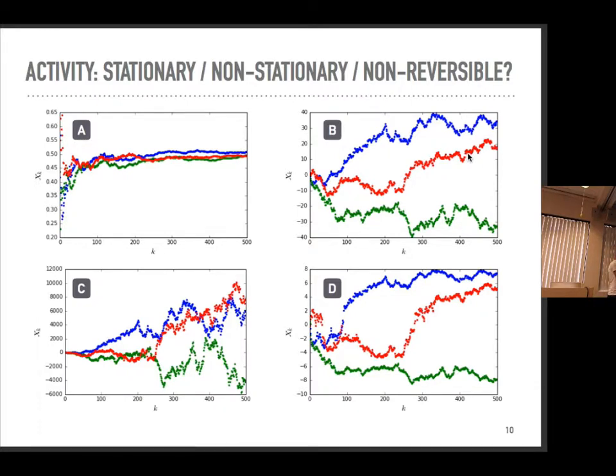Are any of these non-reversible? No idea. Fair enough. Which one do you think is non-reversible? All of them except for maybe D.